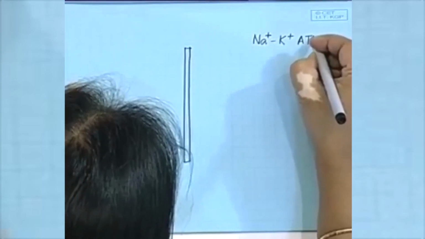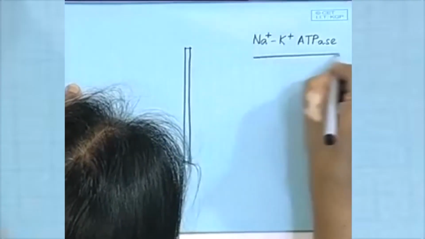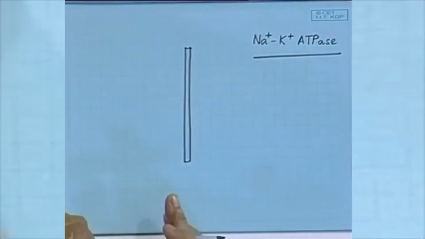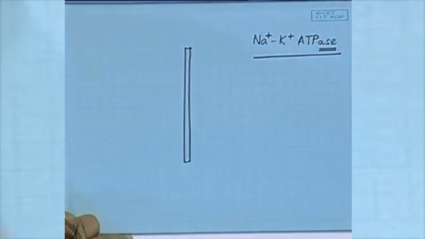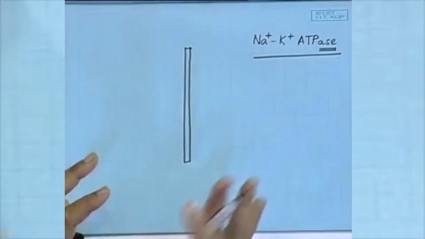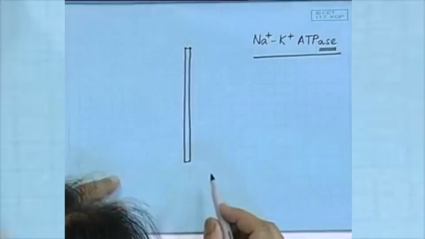It acts so much like an enzyme that it has been given a name, Na plus K plus ATPase. The ase suffix is usually used for an enzyme, but this sodium potassium pump acts so efficiently that it has been given this name.